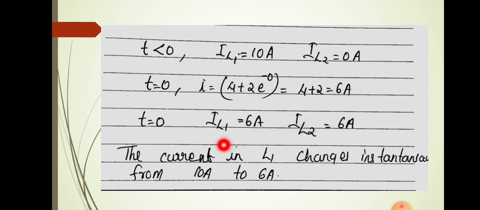Now we can conclude that the current in L1 changes from 10 ampere to 6 ampere when the switch changes from closed to open position. Similarly, what happened to the current through L2? The current through L2 was initially 0 and it changes to 6 ampere when the switch goes from closed position to open position.